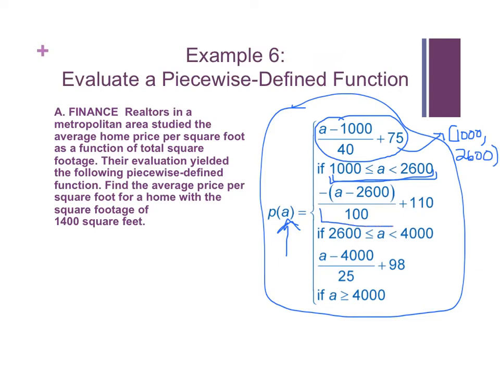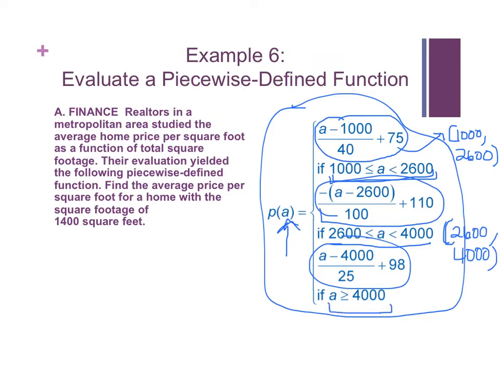Now, the second equation only has a domain of 2,600 to 4,000. In interval notation, that would be bracket 2,600, comma, 4,000, parenthesis. And the last equation, a minus 4,000 divided by 25 plus 98, is only valid for values of a that are greater than or equal to 4,000, which in interval notation is 4,000, comma, infinity.